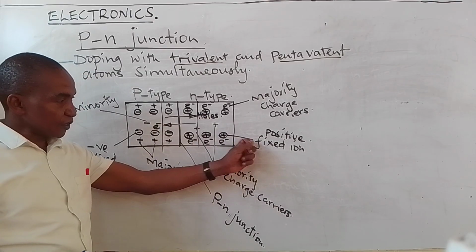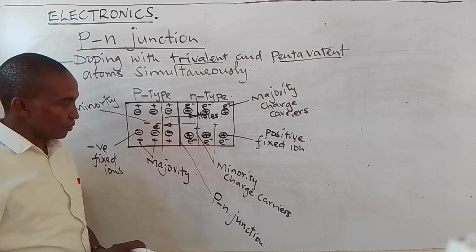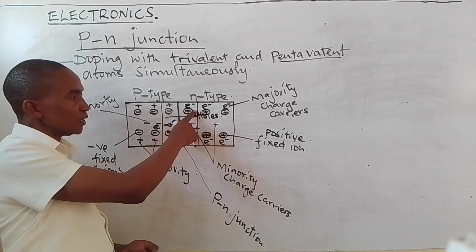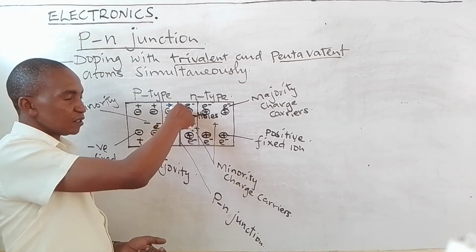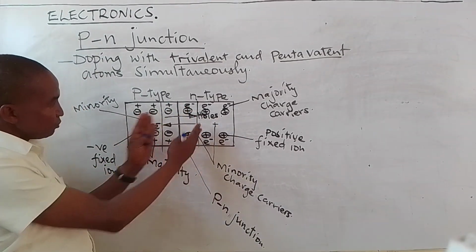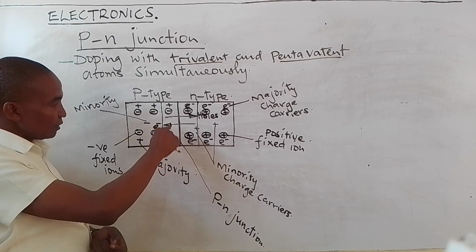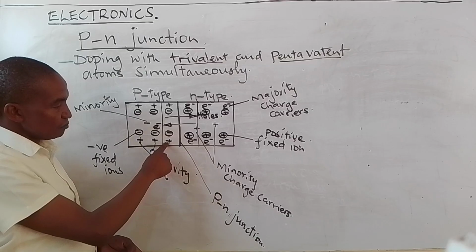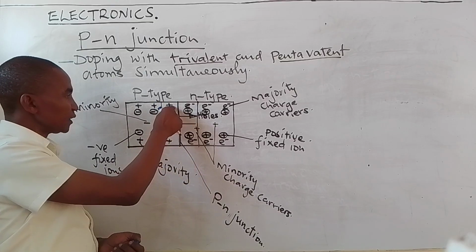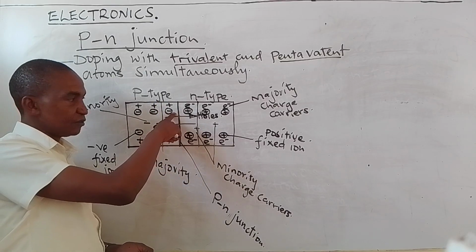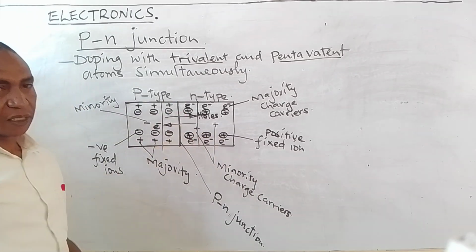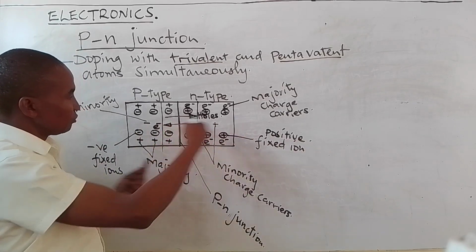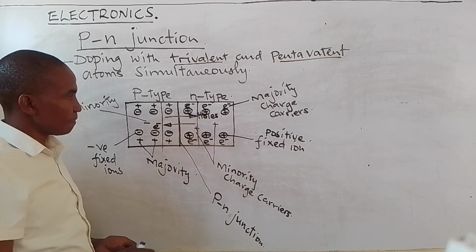Let's go back to the fixed ions. This is a positive fixed ion covered by an electron. Another positive fixed ion in the parent crystal covered by an electron. If we go to the p-type side, we have a negative fixed ion covered by a hole. So let's now look at what will happen if we have this exchange of electrons and holes.